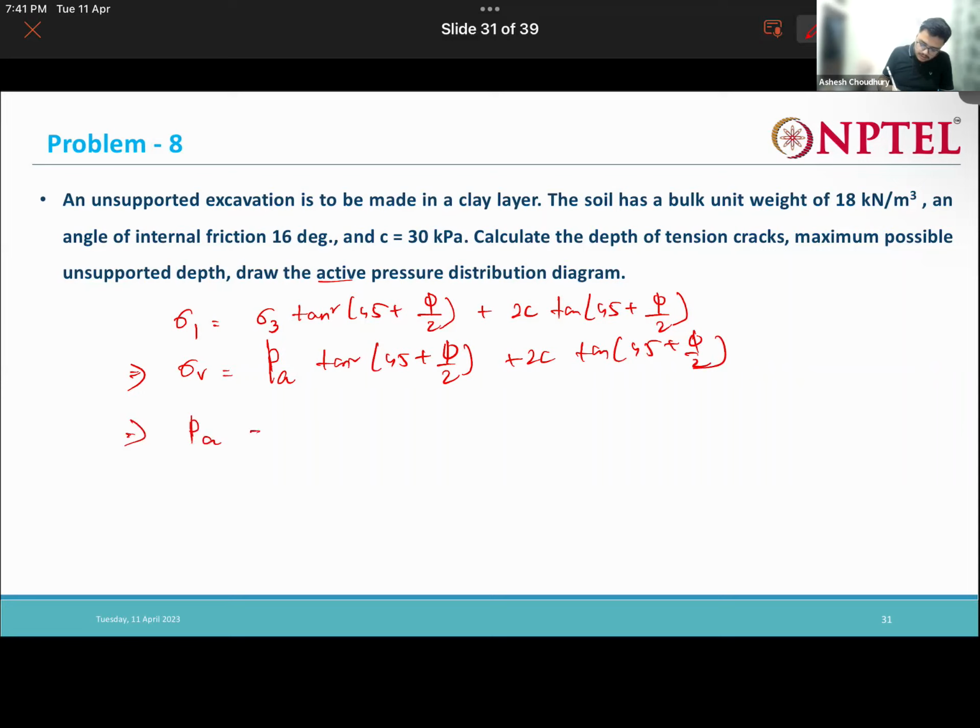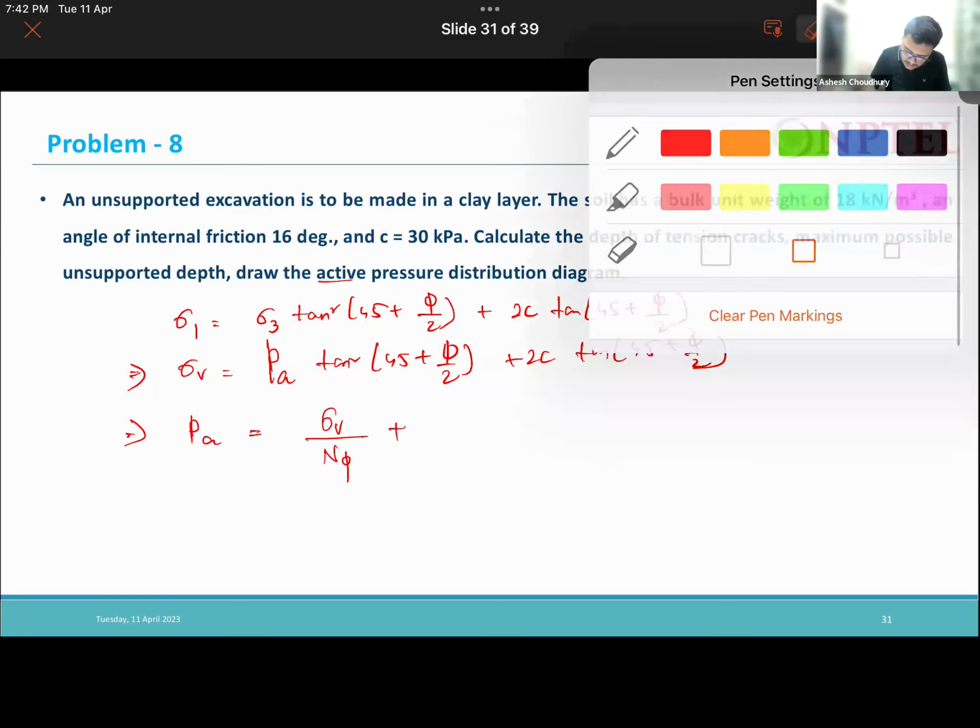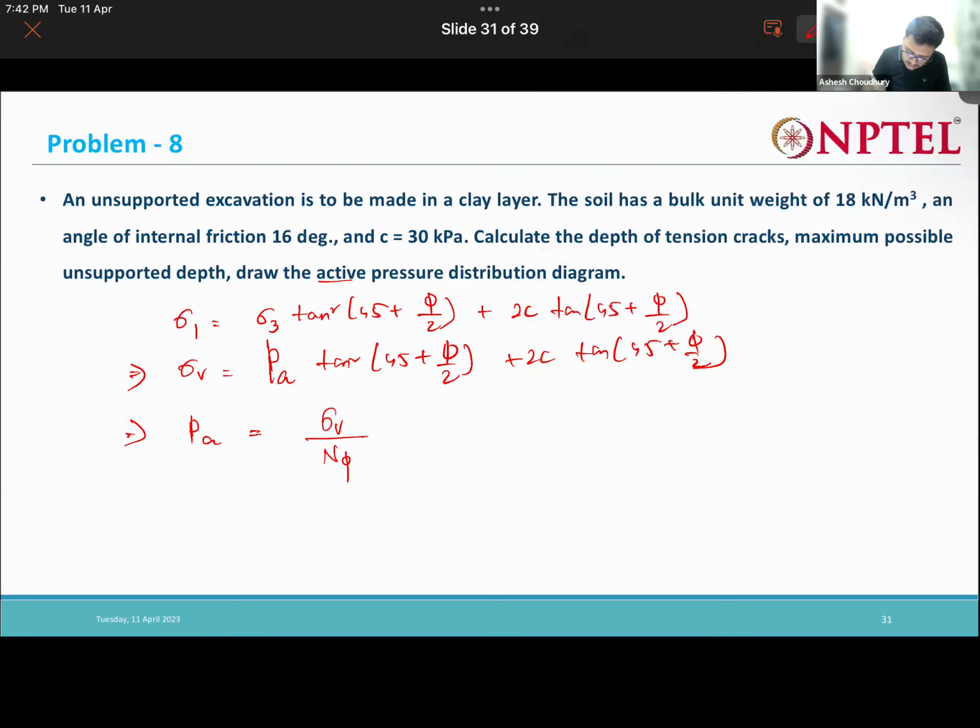Pa was gamma into z into Ka minus 2c root over Ka, that is, sigma v by N phi.